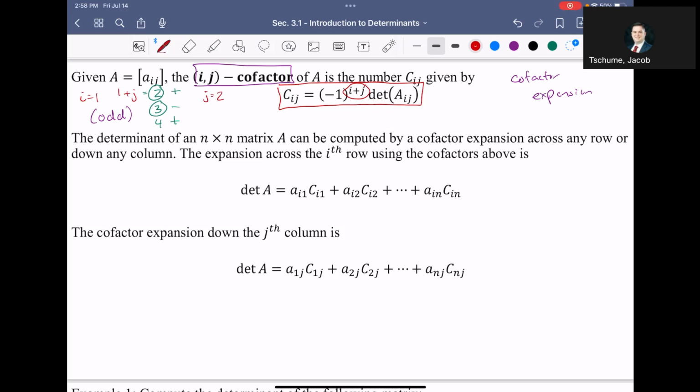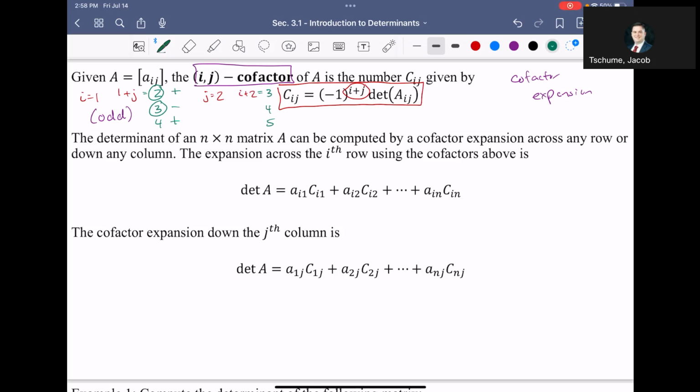Let's say I want to use the second column of the matrix to find my determinant. Well, if j is 2, then we're going to be doing i plus 2 all the way down. If I start with i equals 1, 1 plus 2 gives you 3, 2 plus 2 gives you 4, 3 plus 2 gives you 5, and so on.